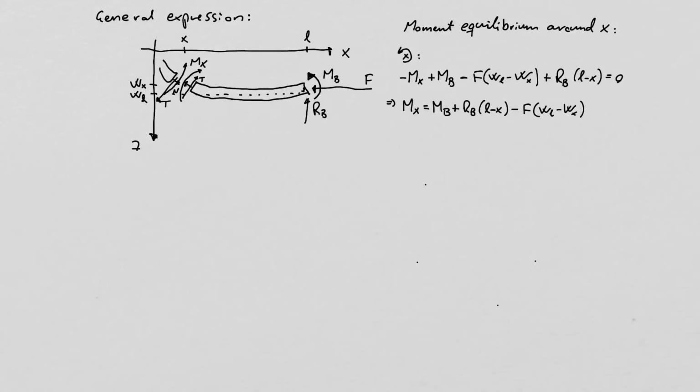Now, just as we did for the more simple case of a simply supported beam, we have the definition of the moment that we can use. The definition of the moment is that the moment is equal to minus the bending stiffness, EI, multiplied by the second derivative of our deflection shape, W or WX, right?